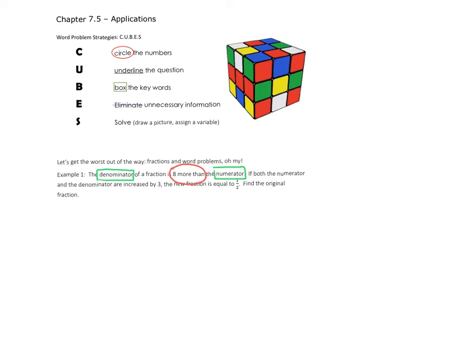So I'm going to set that up. The denominator, that's on the bottom. The numerator is on the top.